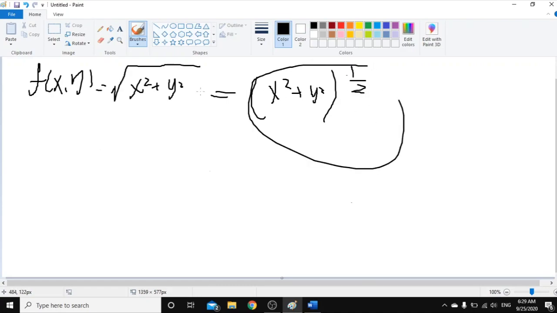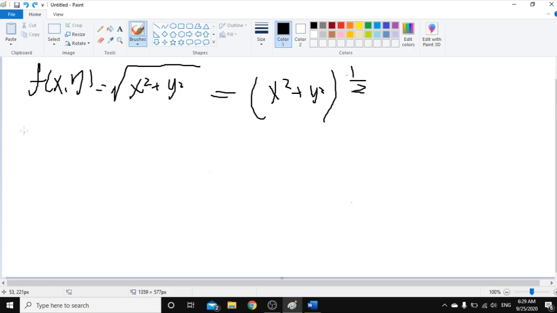This one is the same as this one, right? Nothing changed, but I just changed the way so I can solve it more easily. So every time you see a square root, always change it to the power. Don't leave it like that. You will be stuck, believe me.